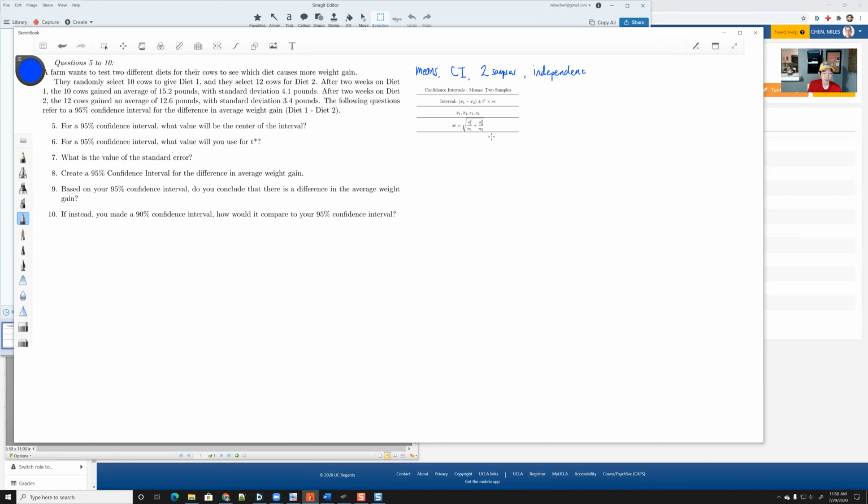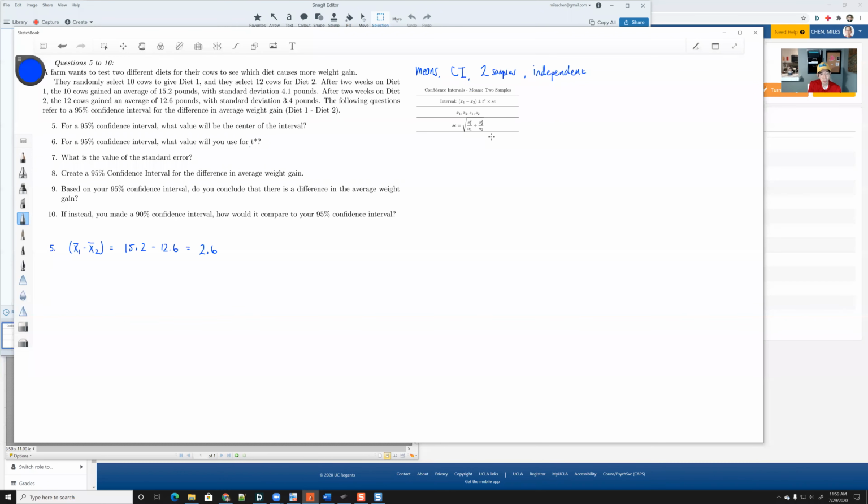So what value goes in the center of the interval? The center is the part before the plus or minus. As far as number 5 goes, that center part is x bar 1 minus x bar 2, which is 15.2 minus 12.6. So at the center of the interval, we put the number 2.6.